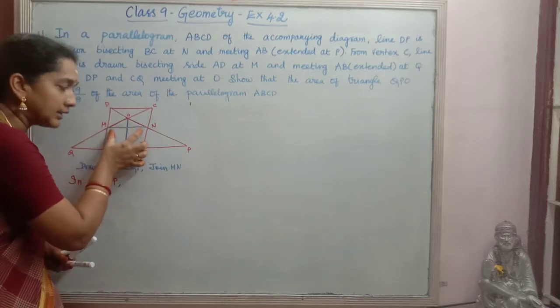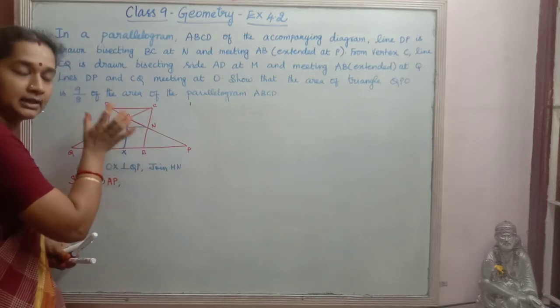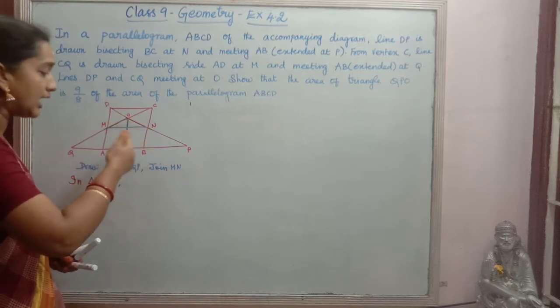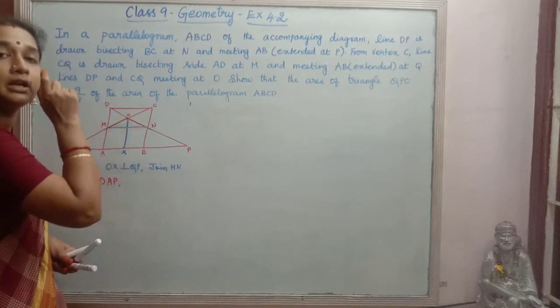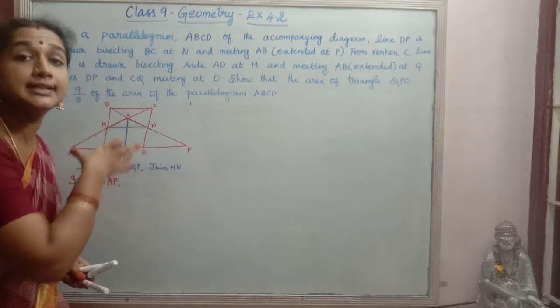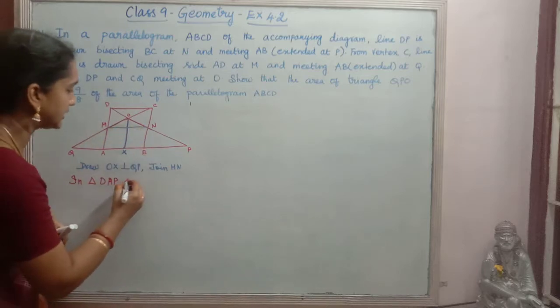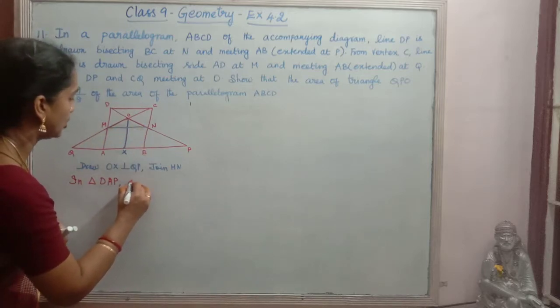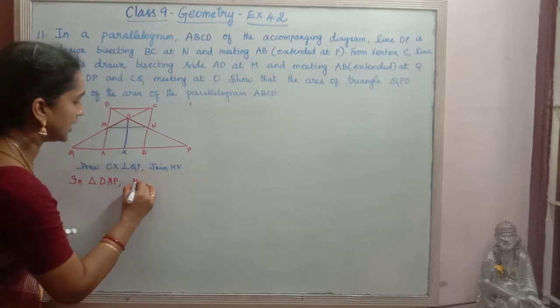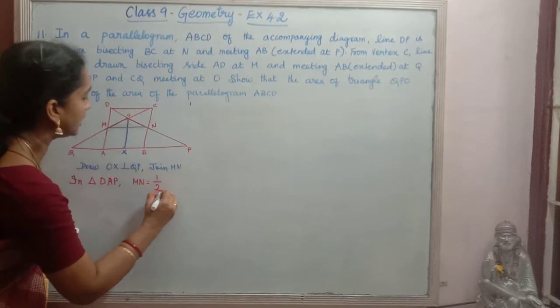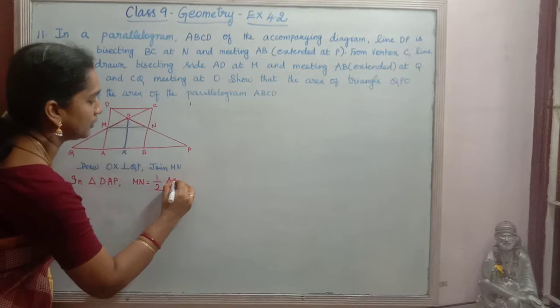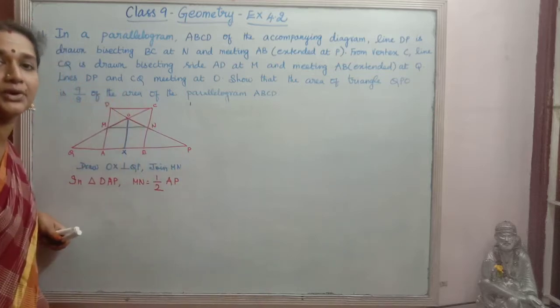So the line joining the midpoints will be half the length of the third side AP. There is a theorem for that. So MN is equal to half of AP.